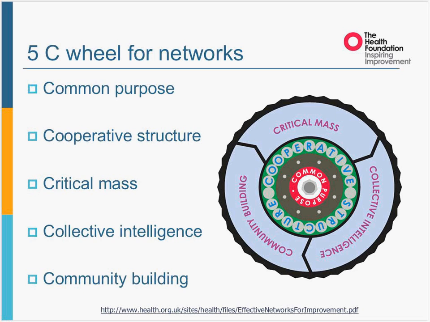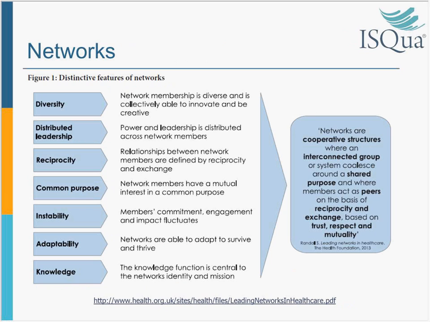There has to be some kind of structure, and that's the cooperative structure where there's respect, where everyone's views are valued, and there is collective intelligence. There are over 50 people on the call right now, and everyone's view is valid, important, and is part of this community building. Now, where you have these 5 elements, you have the key foundations for a network.